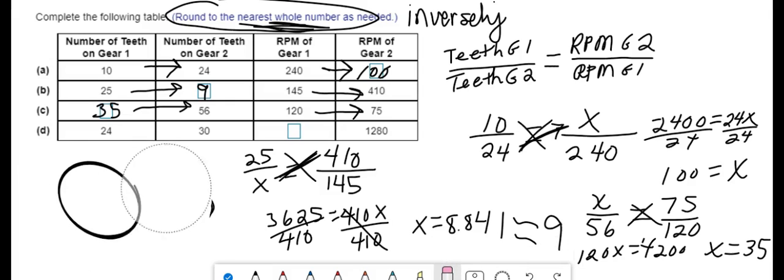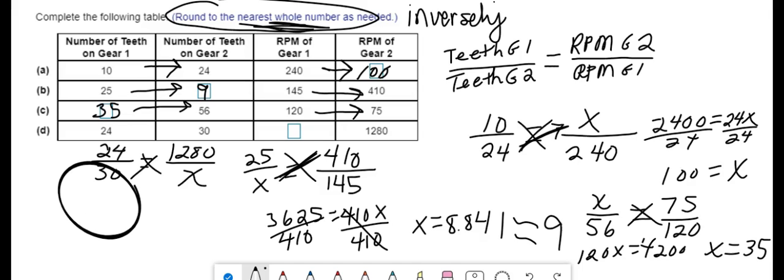And now I am going to do the last one. 24 over 30 is equal to, put the x on bottom, 1280. Cross multiply, 30 times 1280 is equal to 38,400 equal to 24x.